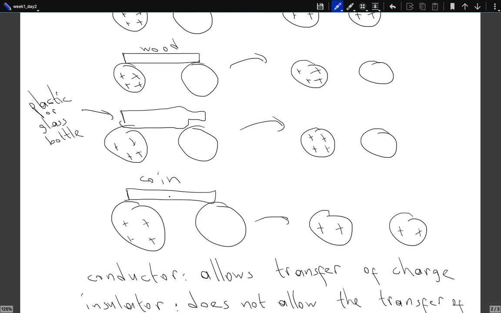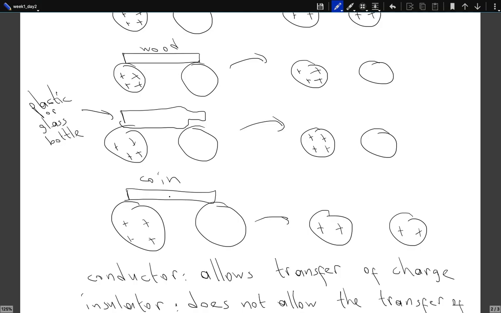So the electrons will move here. But if the electron moves from coin to the conductor, what will happen is the coin will be charged positively. But the positive charge of the coin will attract some negative charges, electrons, from the other sphere. So at the end, electrons will move from coin to this sphere, and then some other electrons will move from this sphere to the coin.